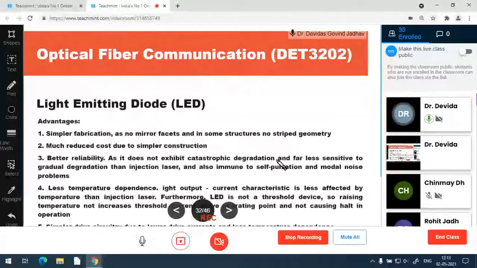What are those? The proton bombardment is there, then reverse bias PN junction is there, then index guided ridge type of structure is also there, then buried structure is also there. All these structures confine the electrical current density also to a very thin layer.